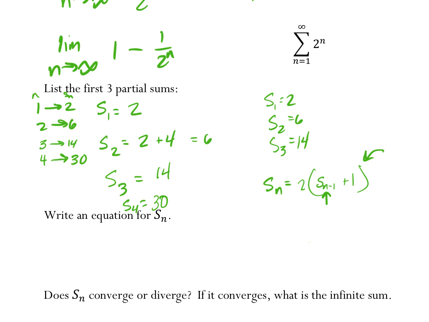But I like that you're thinking this through. Are you with me that the previous term would be 2 to the n minus 1? But that's not the sum.